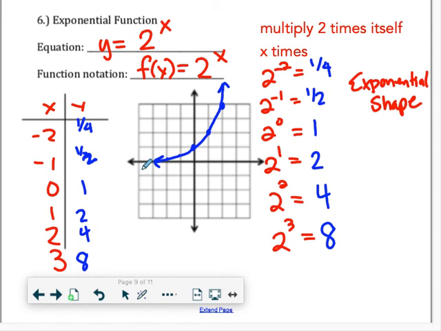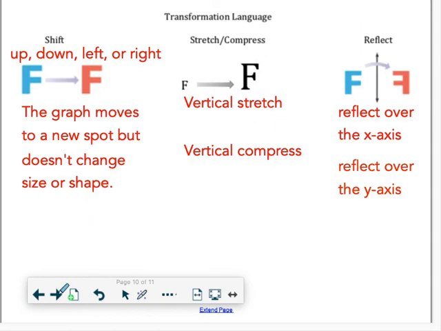All right, so lastly, I just have a brief reminder for you of our transformational language. Today we're going to really focus on these parent graphs and come up with ways to remember them, and this was the language that we established last time. So shift, remember we can shift up, down, left, and right.